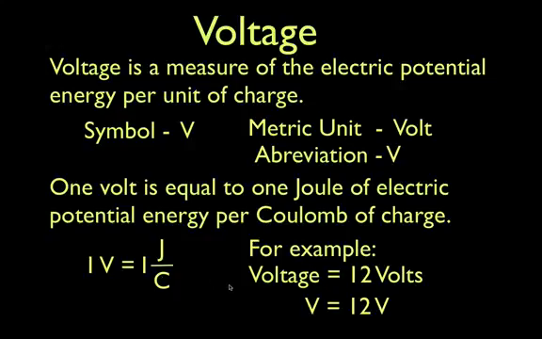Now, when we write this down, we often write down voltage equals 12 volts. A little bit more often, we actually just abbreviate this V equals 12V. We don't say V equals 12V. We say the voltage equals 12 volts.